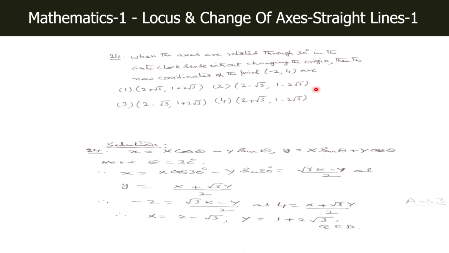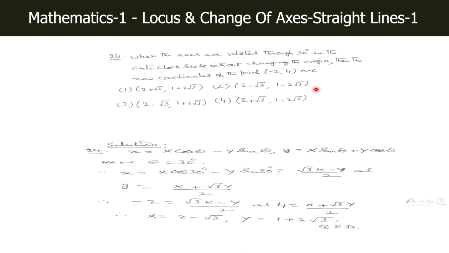And you know that if the axes are rotated through an angle theta in the anti-clock sense without shifting the origin, about the origin, then the relation between old and new coordinates is simply small x, means old coordinate, is equal to capital X cos theta minus capital Y sin theta, and small y is equal to capital X sin theta plus capital Y cos theta.